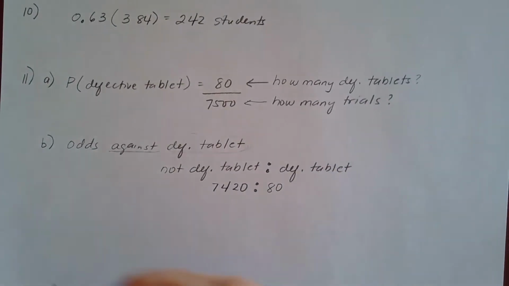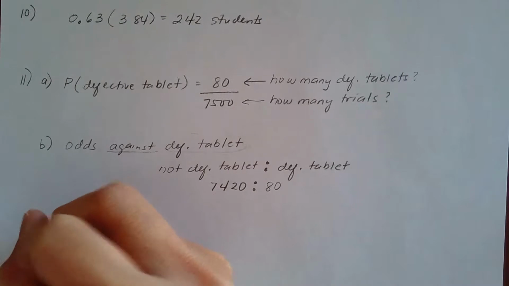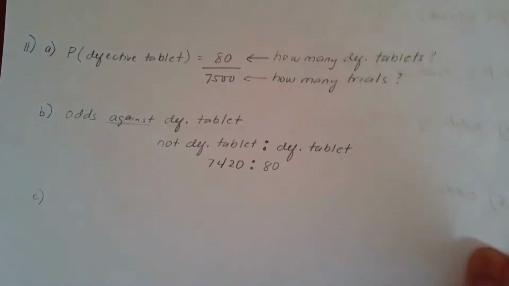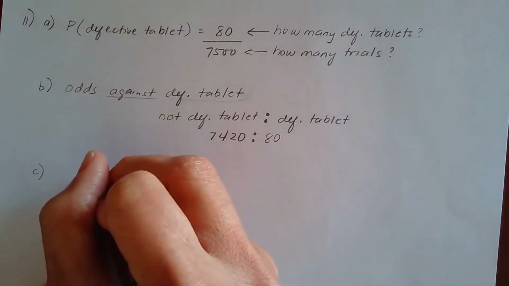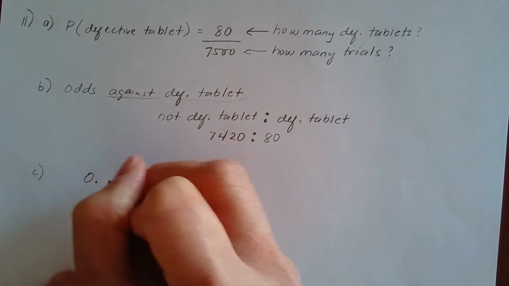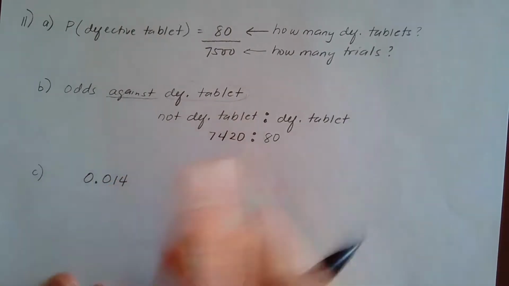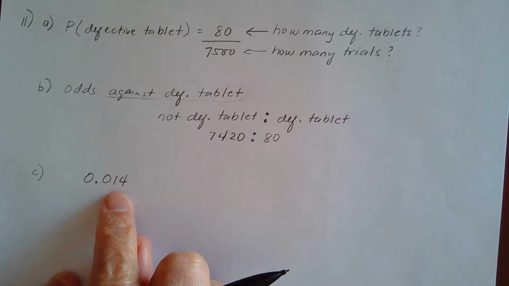Okay. And last but not the least, number C. State the number of tablets from 7,500 sampled that can be expected to be defective based on theoretical probability. So based on theoretical probability, we know in theory there should be 0.014 tablets that are defective.